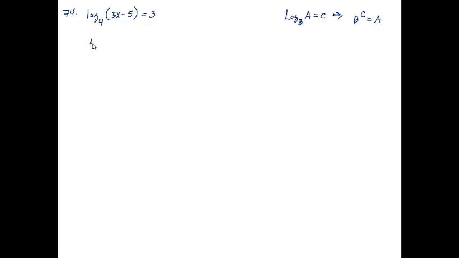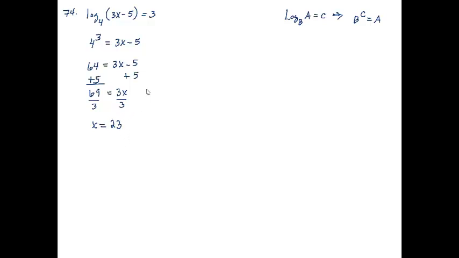Well, in this case, it's 4 to the third power equals 3x minus 5. Well, 4 to the third power, that's 64, equals 3x minus 5. Add 5 on both sides. You get 69 equals 3x, divided by 3, and you have x is equal to 23.